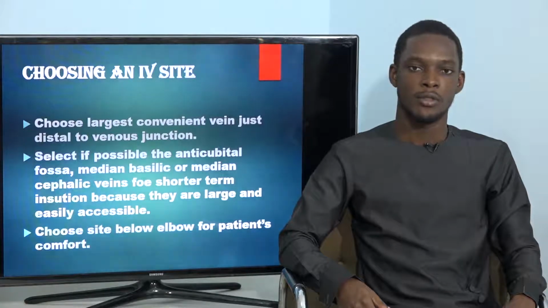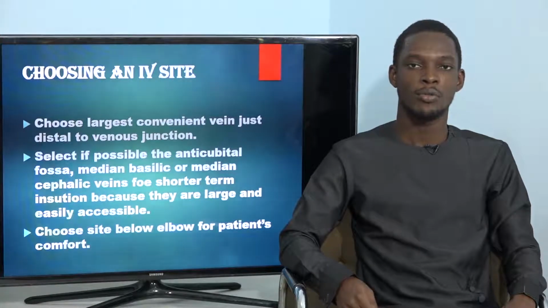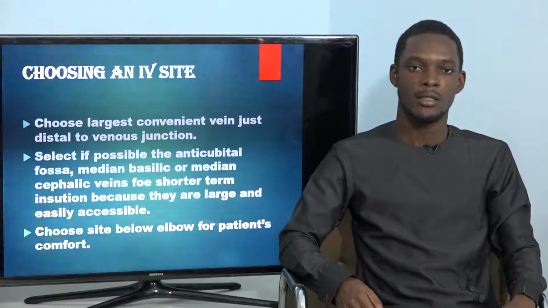If possible, select the antecubital fossa, that is the hole just opposite to the elbow, the median basilic, the median cephalic veins for shorter term IV because large veins are easily accessible. Choose sites below the elbow for patient comfort.